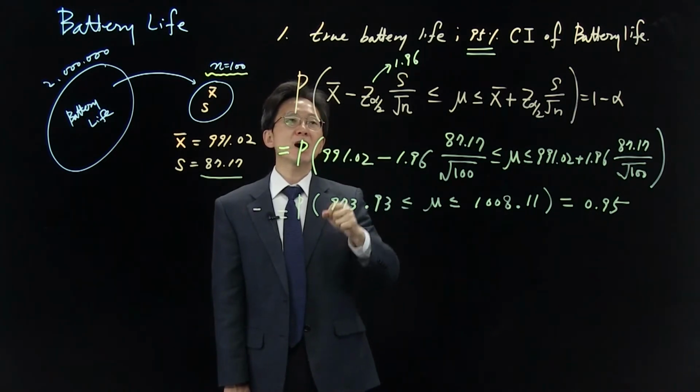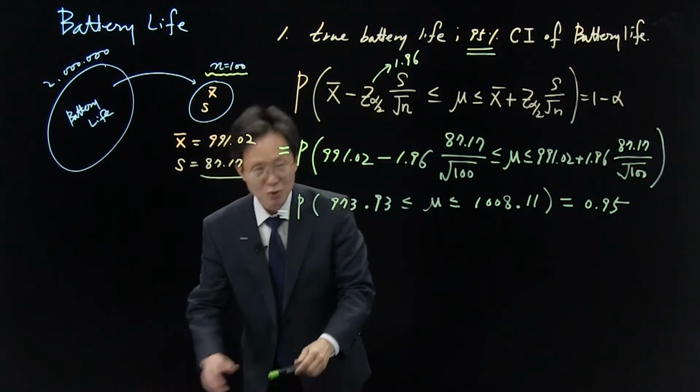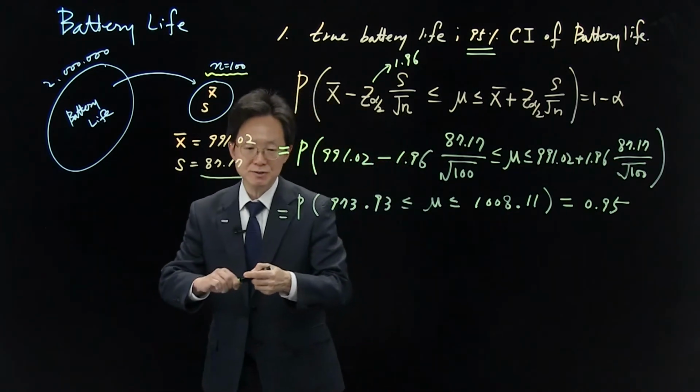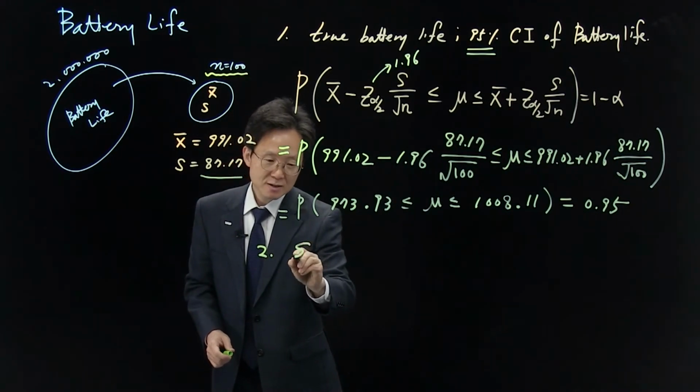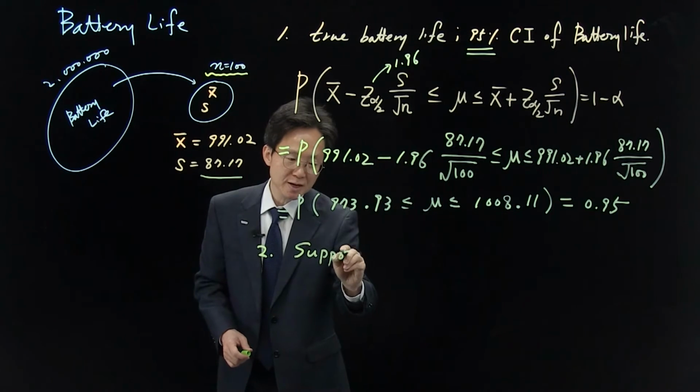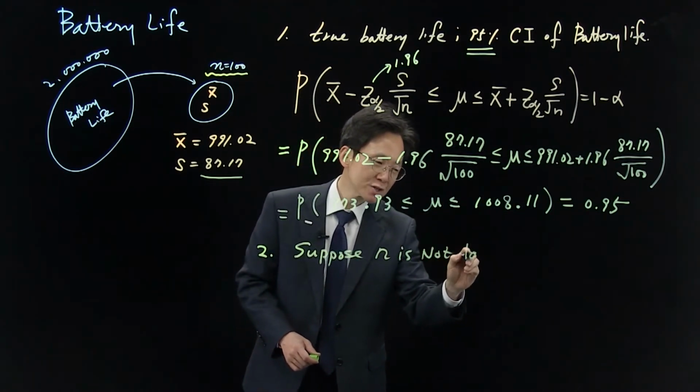Then how can we answer this question? And we already know how we should answer this question. So the second approach: suppose we believe that n is not large enough.